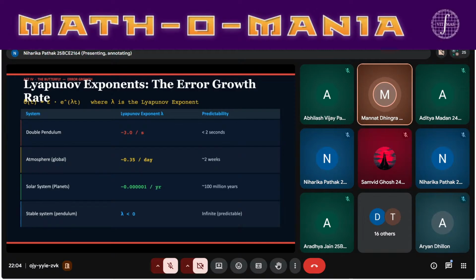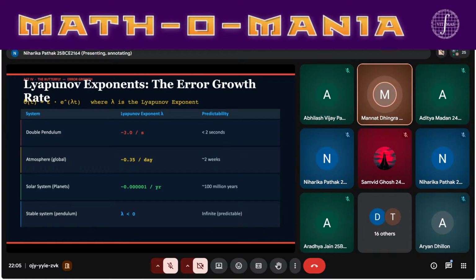It becomes extremely predictable. So this was basically the Lyapunov exponent. I'll just tell the basic idea. It basically means that small errors in initial conditions, where epsilon is the initial error, grow over time.